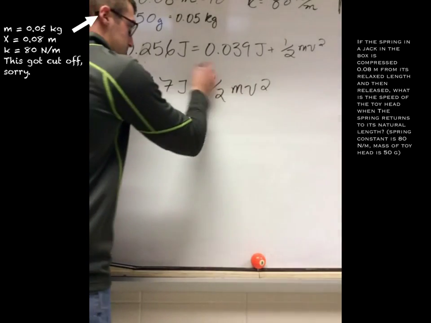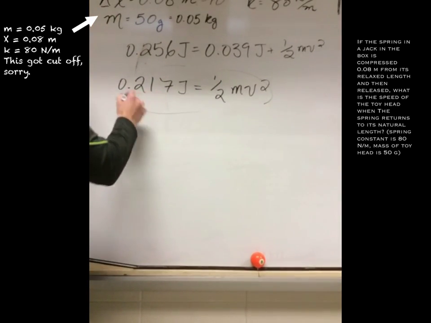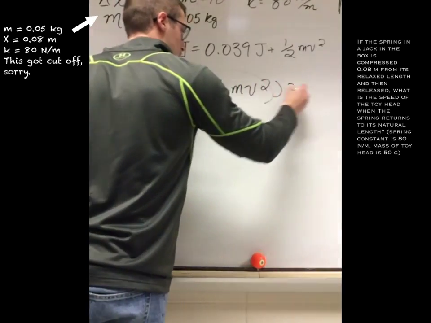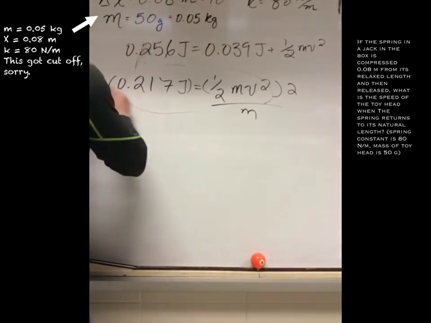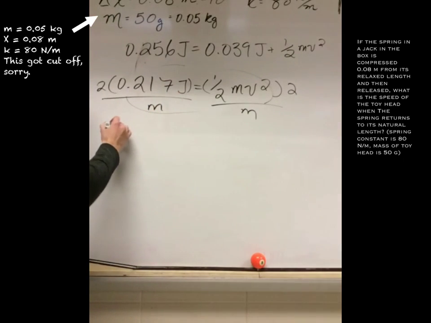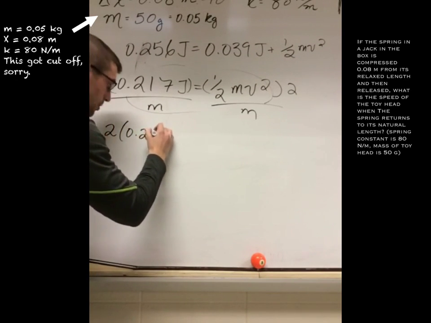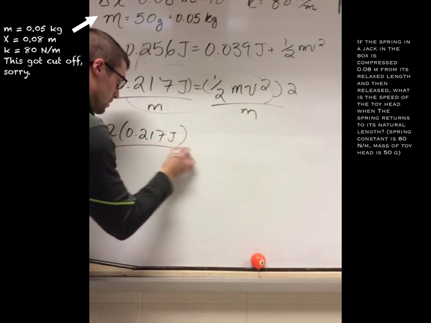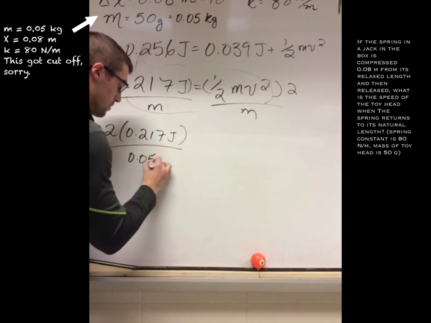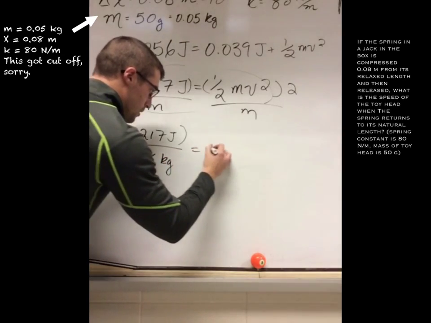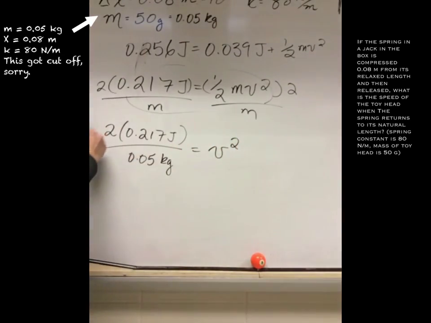Now to simplify this down, we just multiply both sides by 2, and then we also divide by our mass. So what is this going to look like? It's going to be 2 times 0.217 joules divided by 0.05 kilograms is equal to velocity squared.